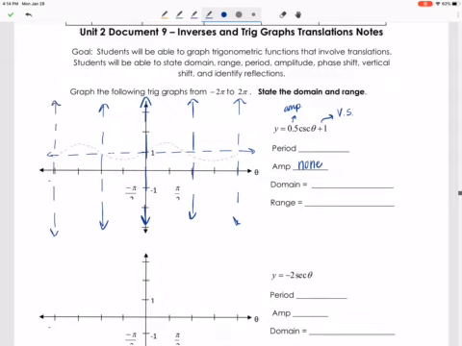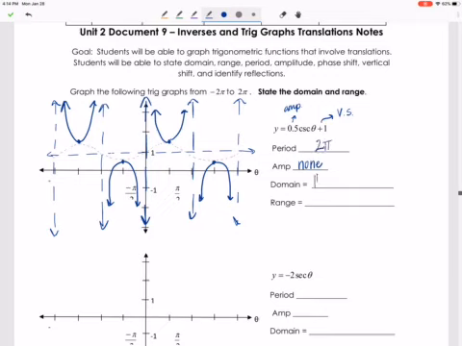All right, and then from essentially 1/2, opening upward, positive 1/2, opening downward, continue that pattern. Our period did not change, so our normal period for cosecant is 2 pi.